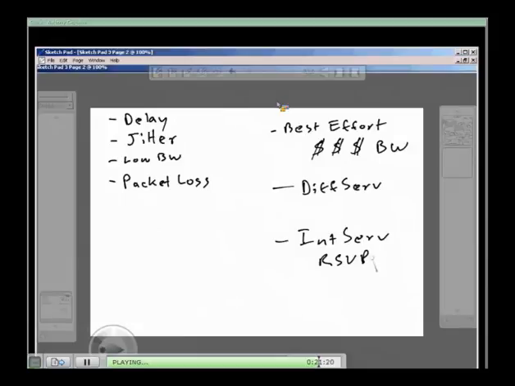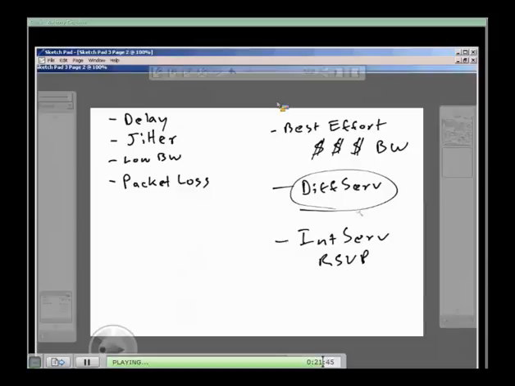The integrated services approach is about having the voice over IP phone call ahead to the devices and reserve the appropriate amount of bandwidth for the voice over IP call. We told you that the differentiated services approach was by far the most popular approach for quality of service today.